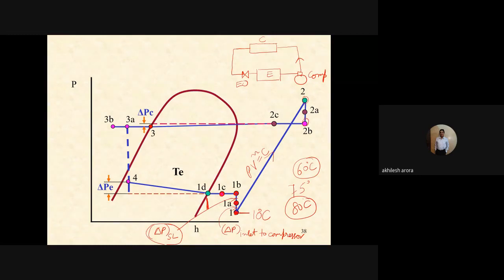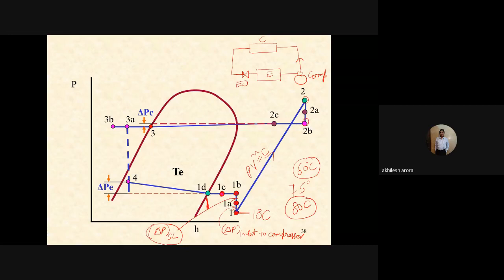Now at 2, the refrigerant is at high pressure. So from 2 to 2 dash, what will happen? From 2 to 2 dash, the discharge valve or delivery valve is opening. And once again, what is happening in this particular case? Once again, there is a smaller area.